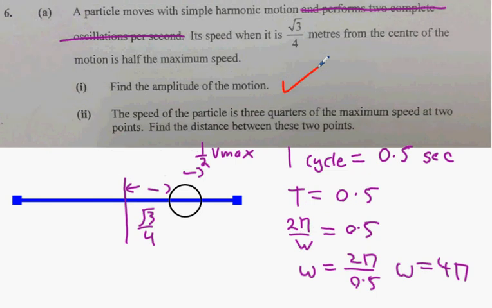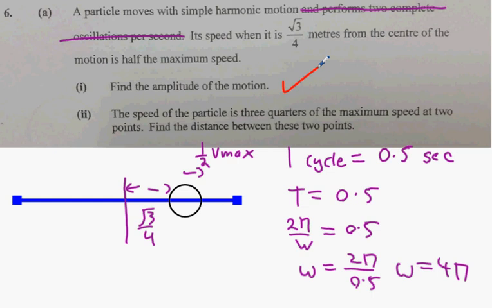The speed of the particle is 3/4 of Vmax at 2 points. Find the distance between these 2 points. What can you tell me about when the velocity is the same either side? Begins with an S. Symmetrical.